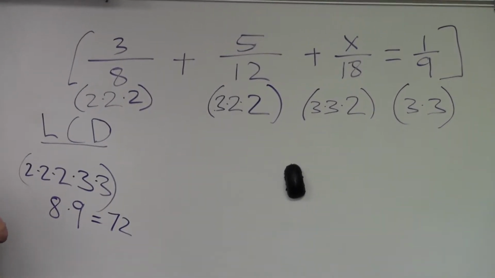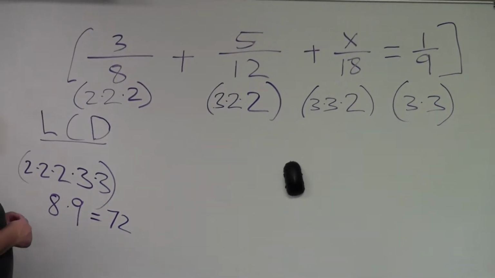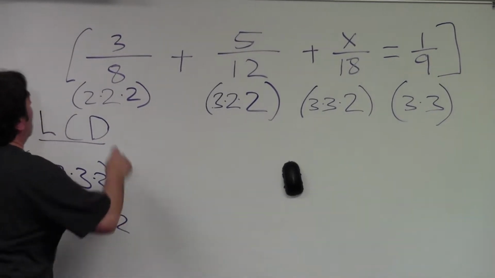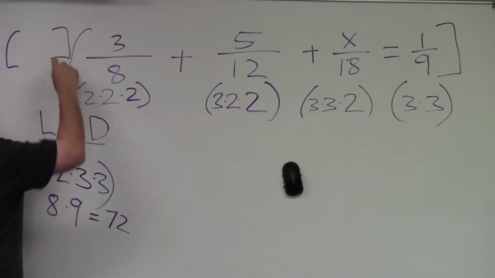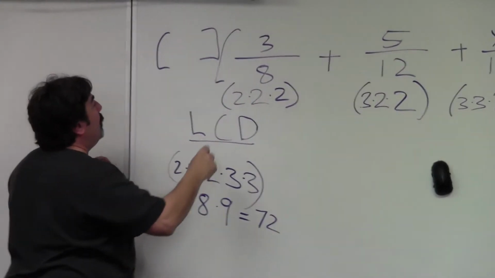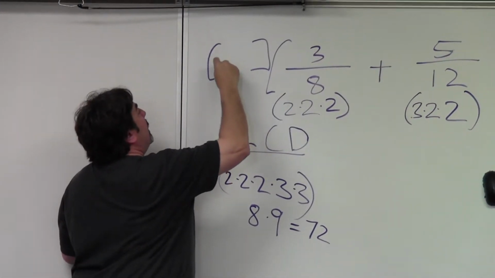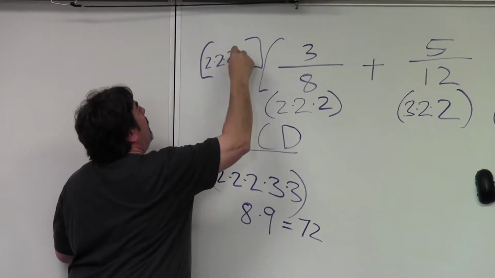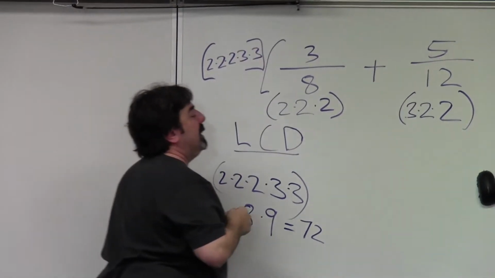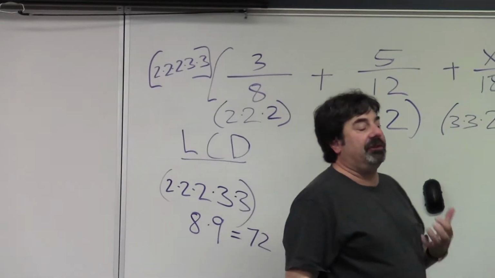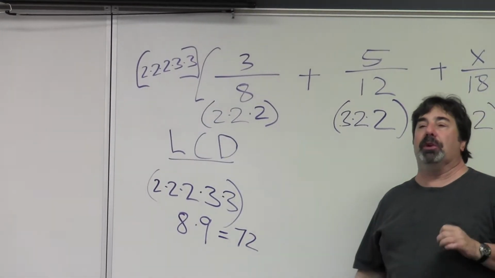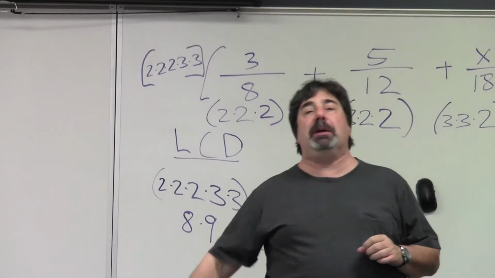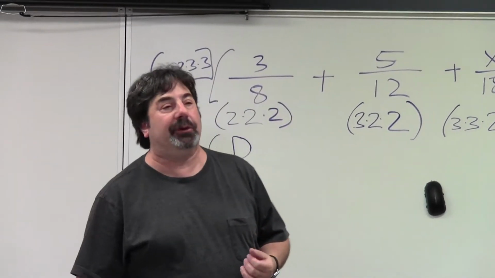So what we're going to do is go to each denominator one at a time and multiply through each term by the lowest common denominator, which is 72. But I'm going to leave it in its factored form, and it'll be easier to see what cancels when we go to each denominator one at a time if we leave it in its factored form.